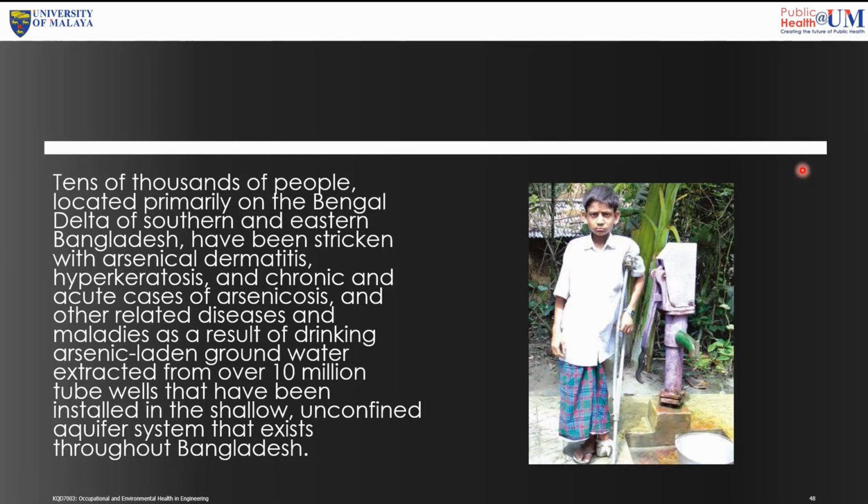So in many countries, there is a lot of arsenic in the groundwater. So when you're extracting groundwater, it's important that you analyze the water to see whether there are any heavy metals or arsenic poisoning. We are lucky in Malaysia, we don't have much arsenic in our soil, but in Bangladesh and also in Indochina, there is a lot of arsenic in the groundwater.